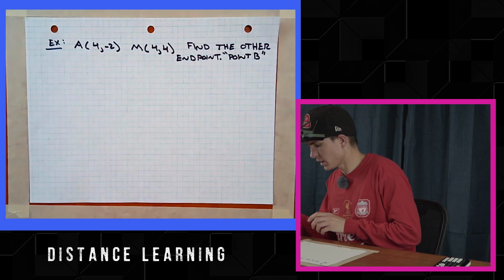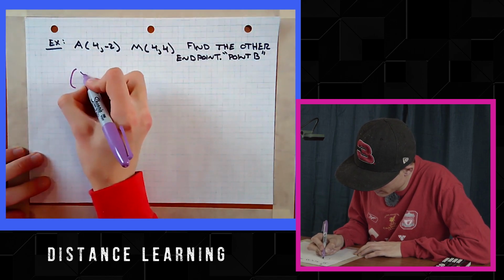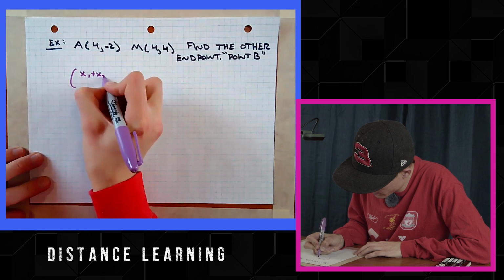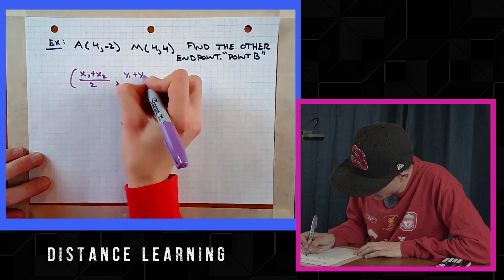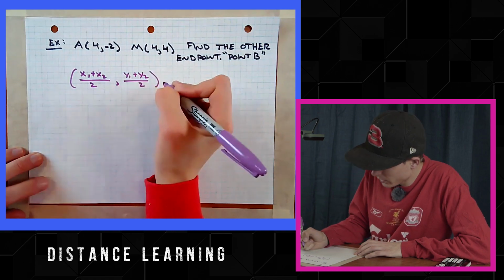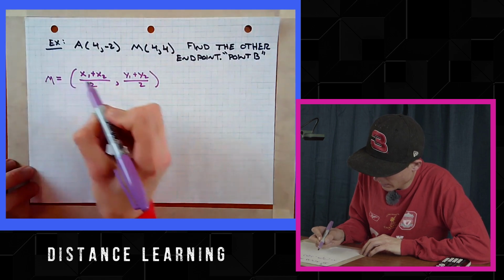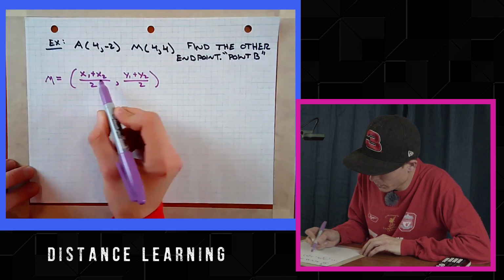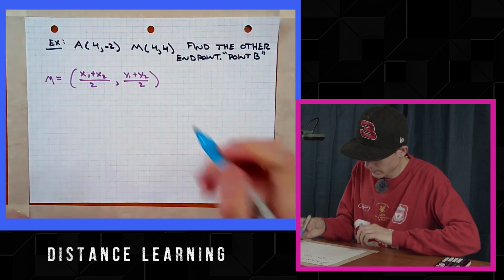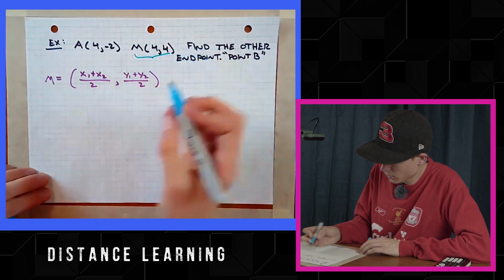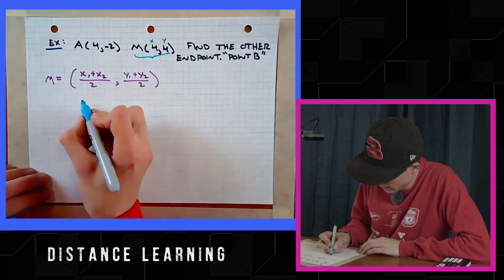So, our midpoint formula, right, was x1 plus x2 over 2, comma, y1 plus y2 over 2. However, we already know the midpoint coordinates. So the x coordinate and the y coordinate we know.